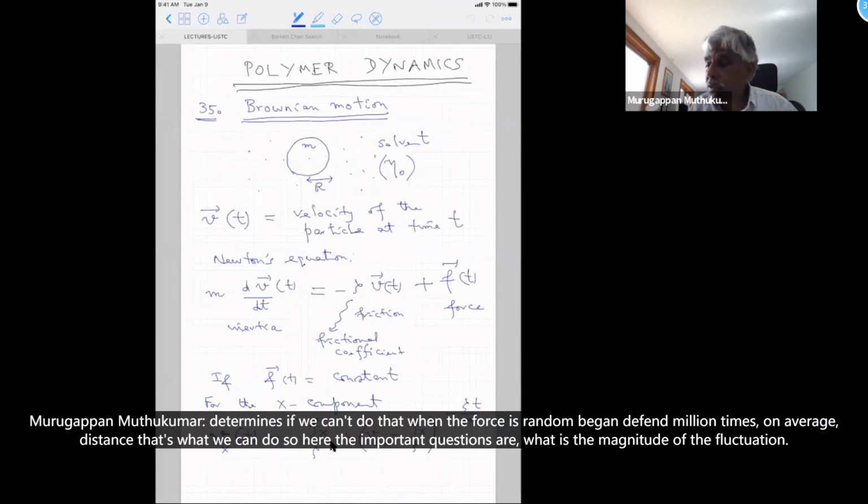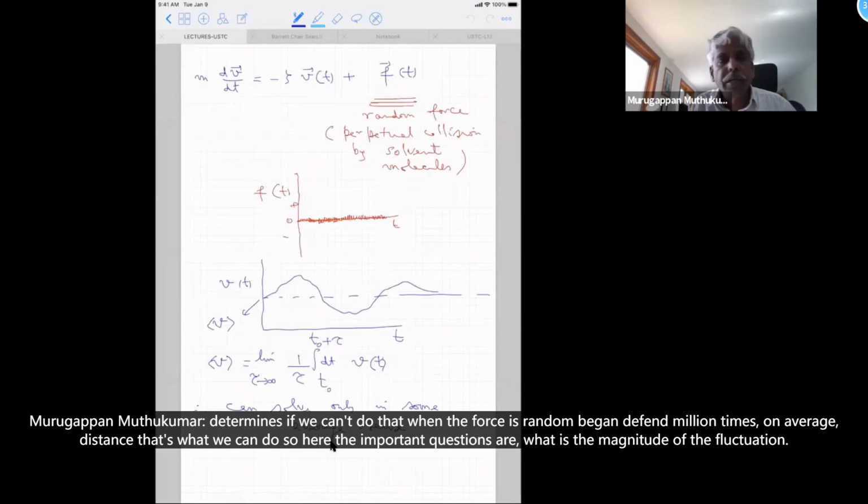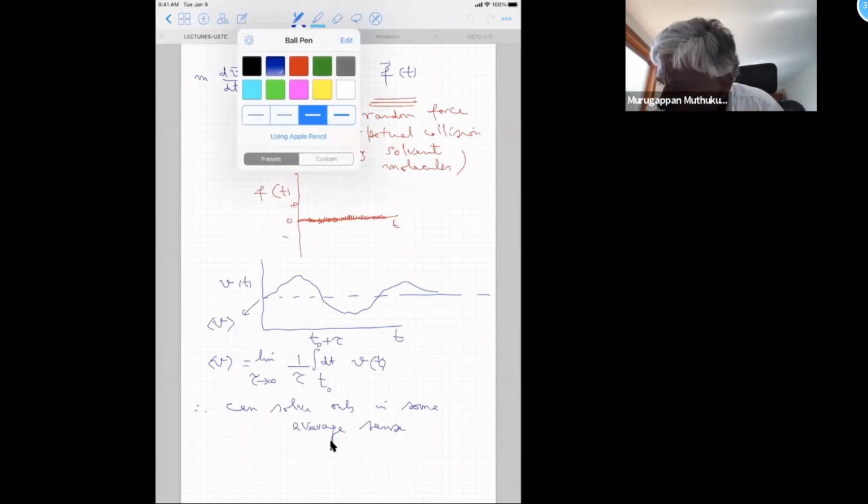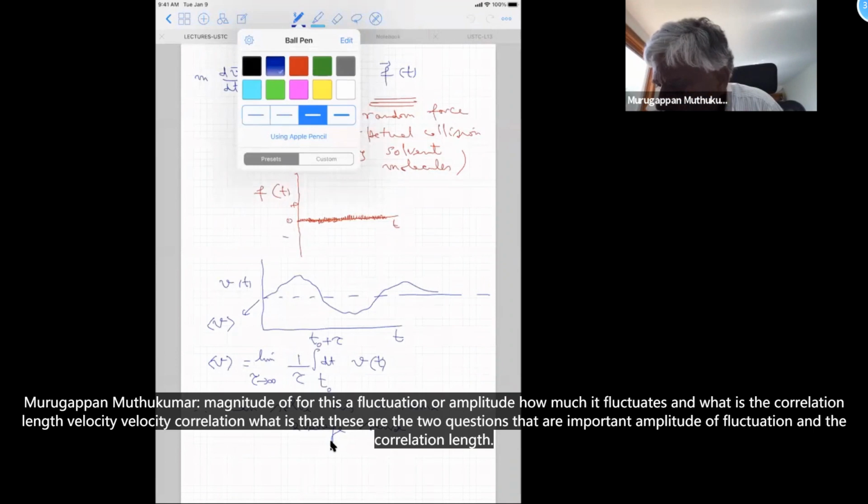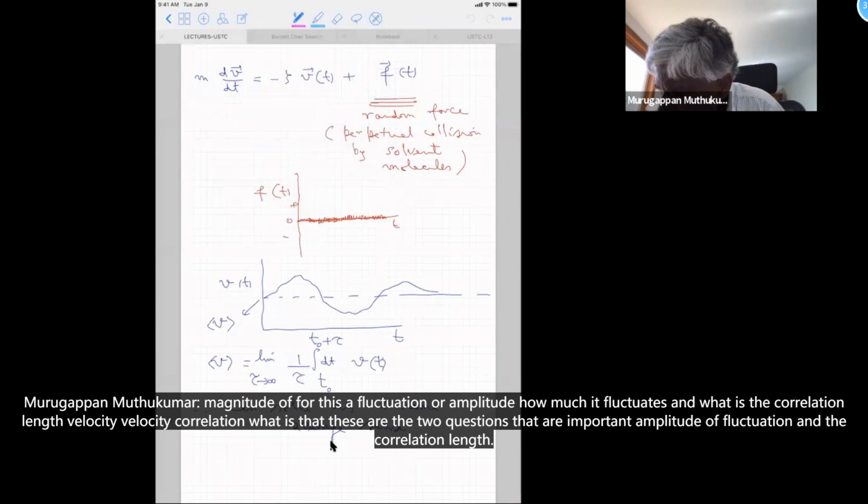We can't do that when the force is random. We can define it only in terms of an average sense. That's what we can do. So here, the important questions are: what is the magnitude of this fluctuation, or amplitude, how much it fluctuates, and what is the correlation length, the velocity correlation? These are the two questions that are important: amplitude of fluctuation and the correlation length.